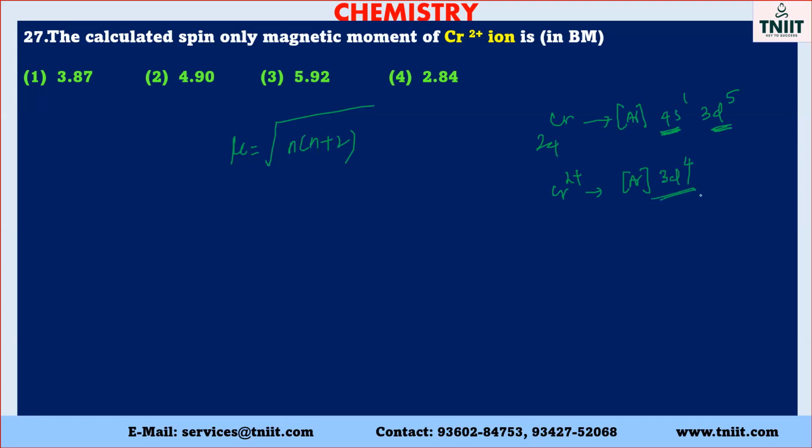Since it has 4 unpaired electrons, the magnetic moment will be square root of 4 into 4 plus 2, that is square root of 4 into 6, which is root 24. Root 25 is 5, so root 24 will be close to 5. It's 4.904 magneton. Hence, the answer for this is option B.